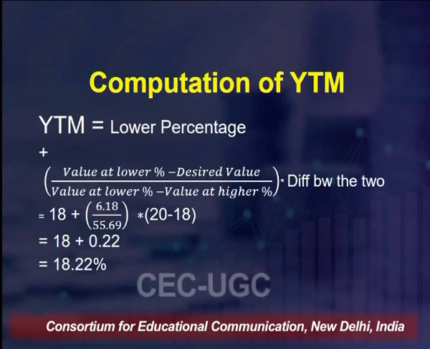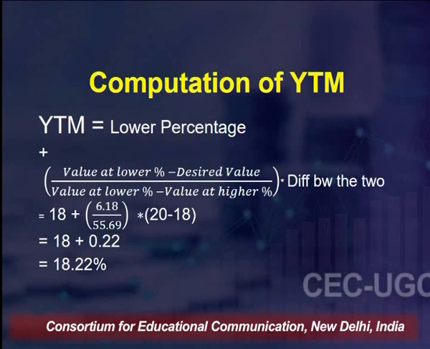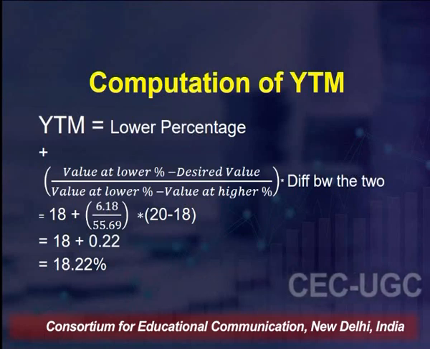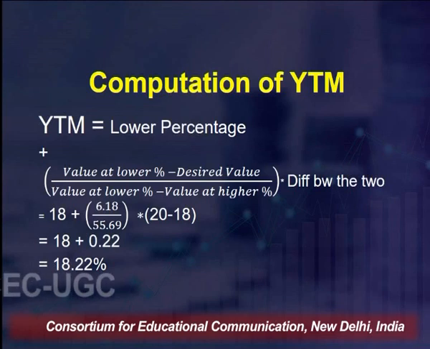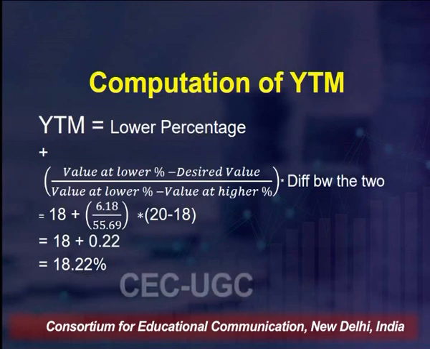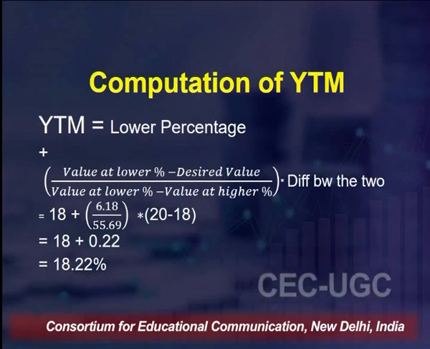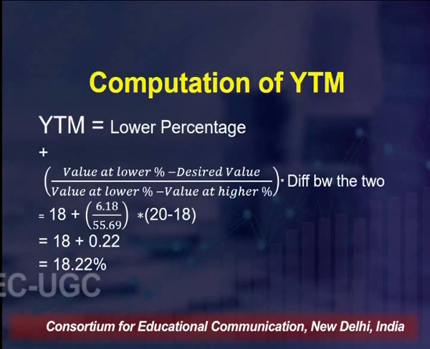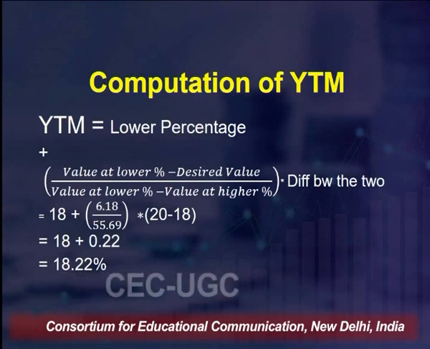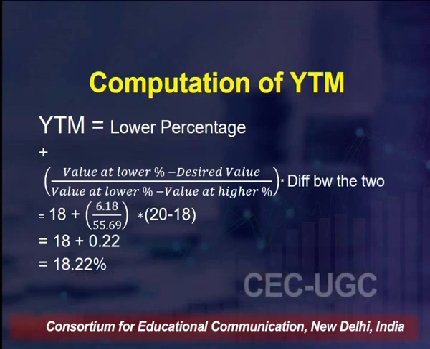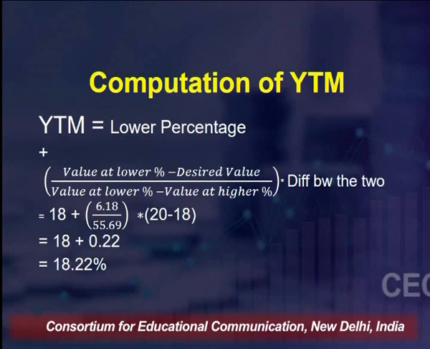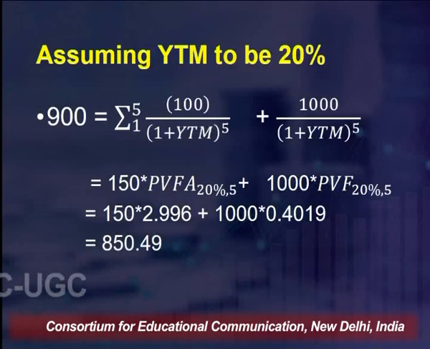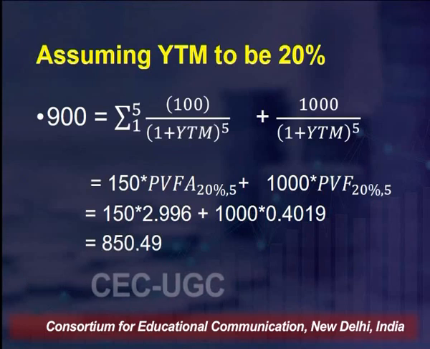So, here we use the formula of interpolation and calculate the YTM as the lower percentage, 18%, plus the value at the lower percentage minus the desired value. The value at the lower percentage is 906.18 minus 900, that is our desired value, divided by the value at the lower percentage, 906.18, minus the value at the higher percentage, which is 850.49.